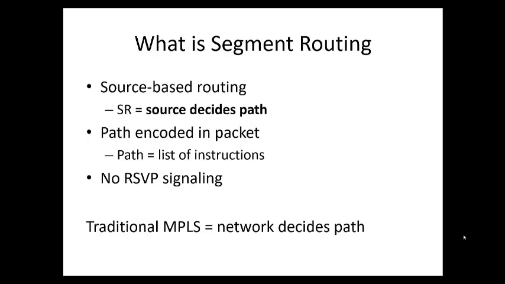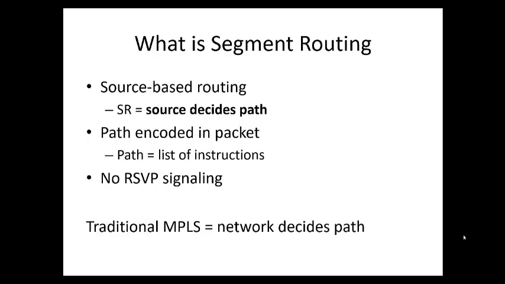The source router encodes the path information inside the packet and tells it, hey, you go through this router, you go through this link. Instead of going to every hop and saying, I want to go here, how should I go? And that router says, oh, you go this way. And then going to that router and again asking, I want to go to this destination, how should I go? And that router says, oh, you want to go there? Fine, you take this exit.